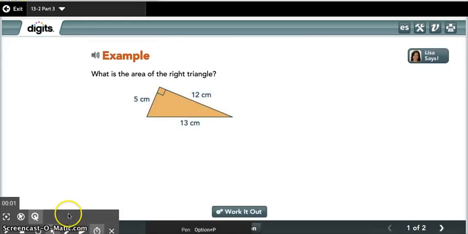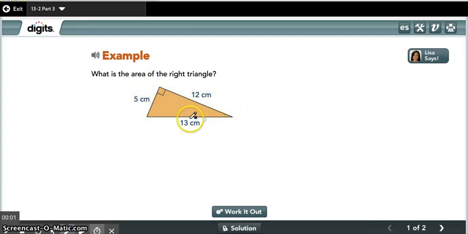All right, so in this triangle, they gave us the right triangle right here. And they gave us all 3 measurements. But remember what I just told you. When you have a right triangle, use the one that's part of the L. So here's the L. It's a sloppy little line I'm just drawing here. But use one of the legs as your base. We're going to say this is our base.